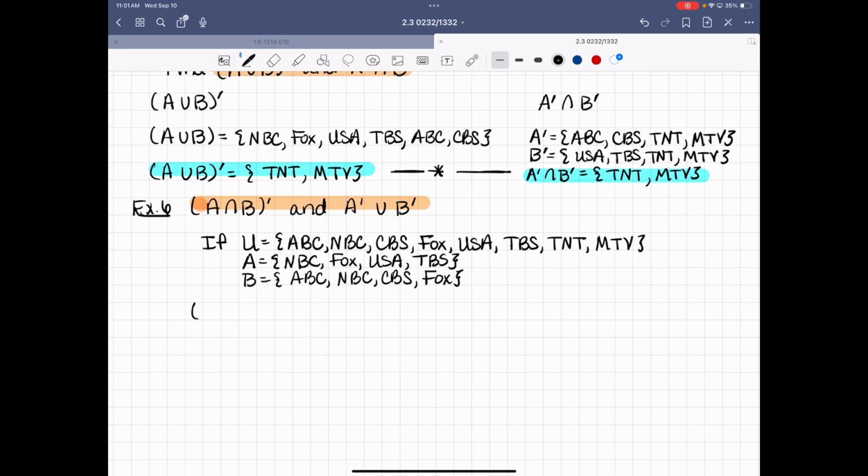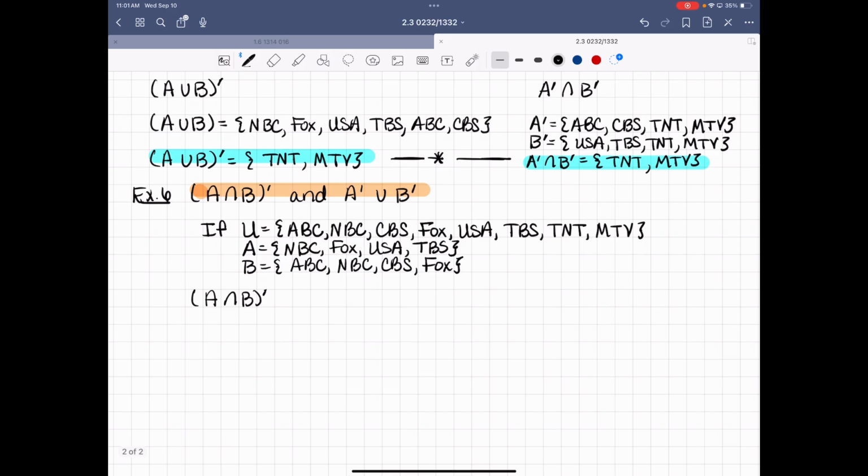Okay, so we need A intersection B complement to start with. Well, we'll probably need the intersection of A and B first, before we find its complement. So A intersection B, who is it? NBC and Fox. They're the only ones. So if I want the complement of NBC and Fox, I'm going to write down everybody but those two from the universal set, right?